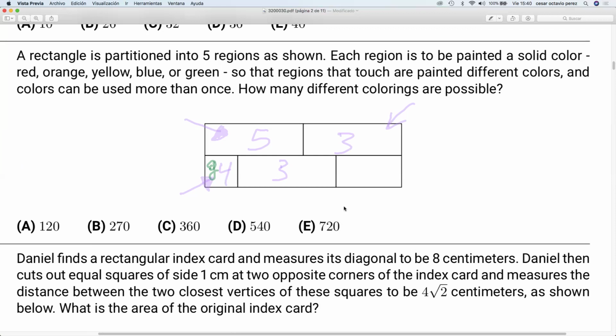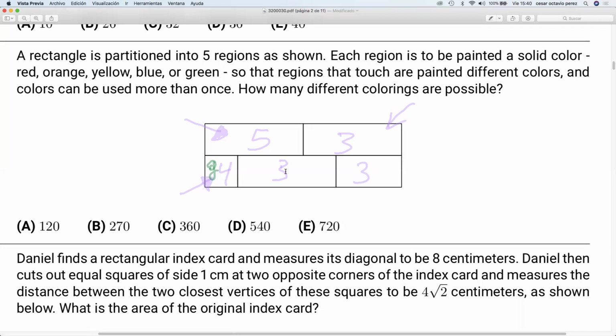And then in how many ways can we choose the color for this region? 3 ways, because this must be different to this and this. So we will get 3.